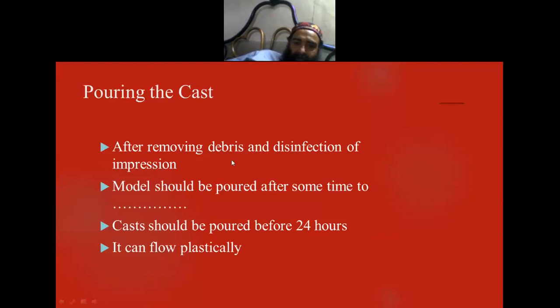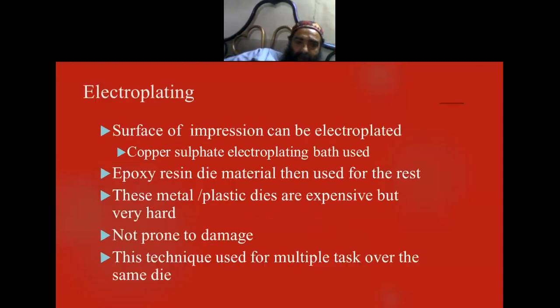So do not save this for days and weeks because it can flow plastically. So it should be poured before 24 hours.